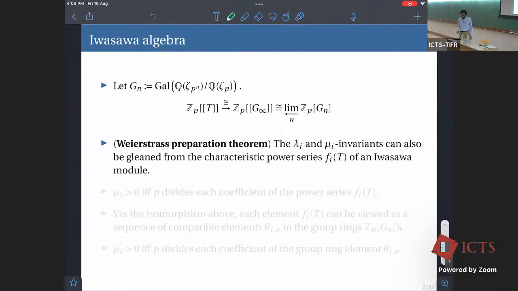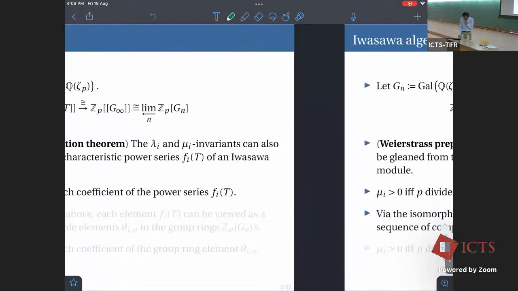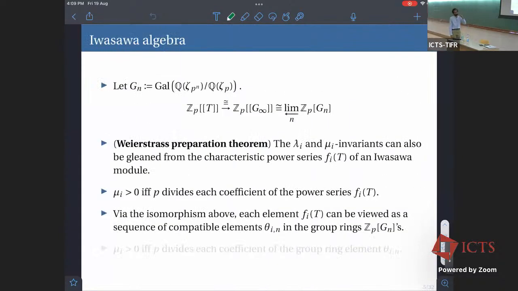Okay. And so the question is, when is mu 0 or when is mu positive? The way this works is that you have this power series f(T), a power series in T where all the coefficients are in Z_p. And mu is positive if p divides each of the coefficients of this power series. We want to ask ourselves, when does p divide each coefficient? Which just means if I go mod p, I want to know if that element is 0 or not.